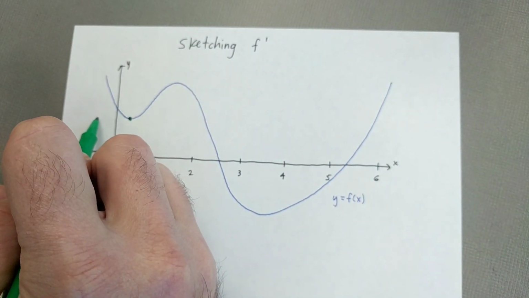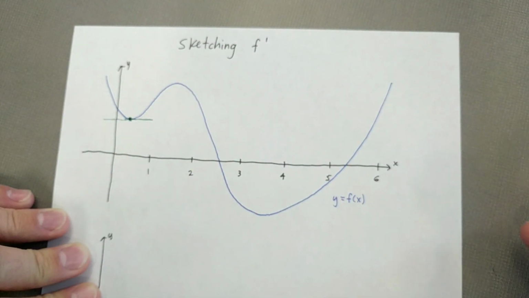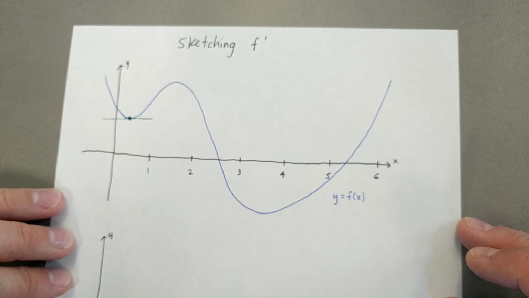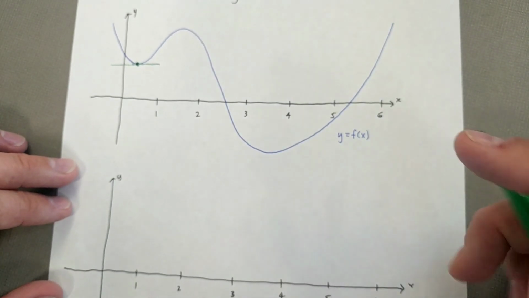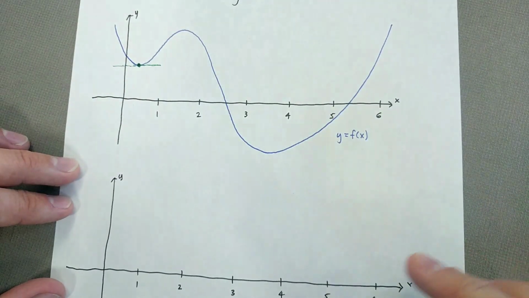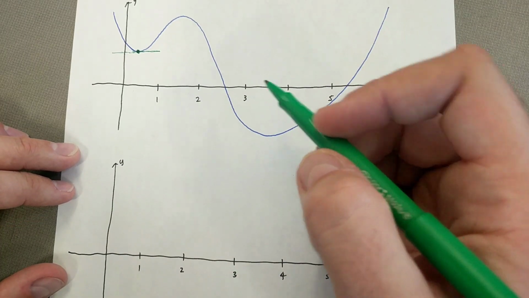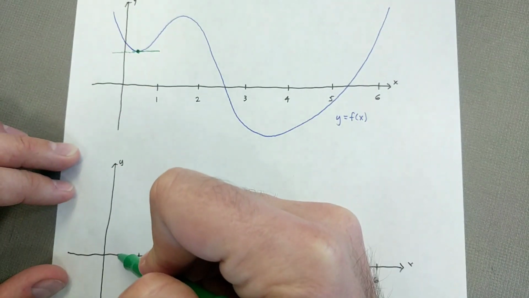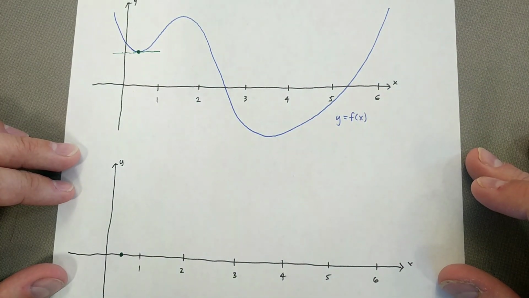Right here, it has a tangent line that is horizontal. So that is the first x-intercept I can plot down on my lower graph. Because I've set this up so my inputs line up perfectly, I can just follow it down and go, cool, there is my first x-intercept.